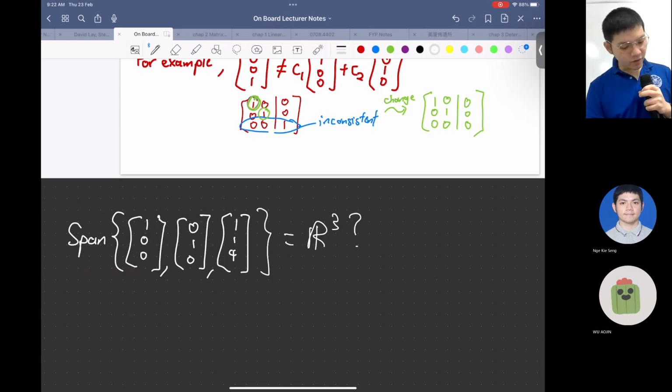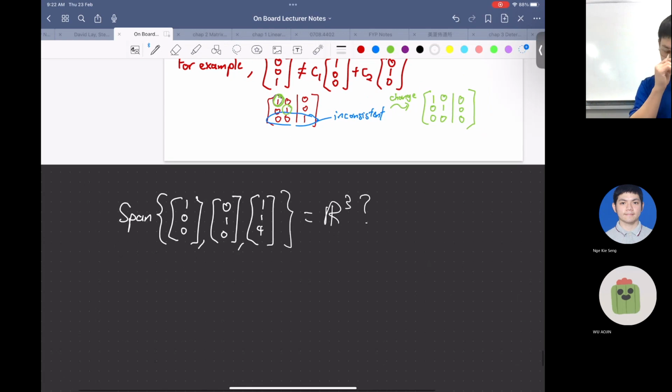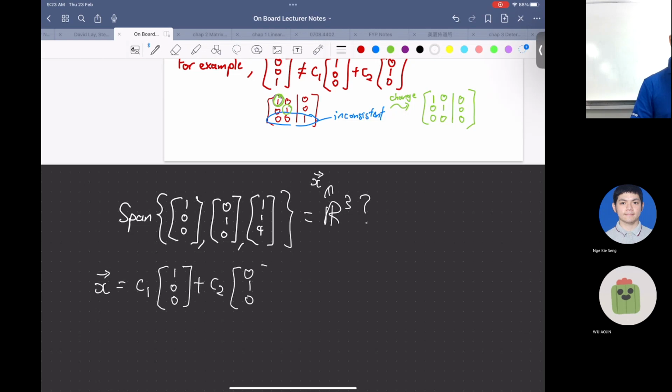Okay, so let's check span. We want to write any vector in R3. Let's write x bar equal to C1 times (1, 0, 0) plus C2 times (0, 1, 0) plus C3 times (1, 1, 4).